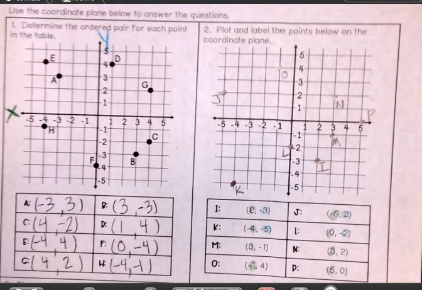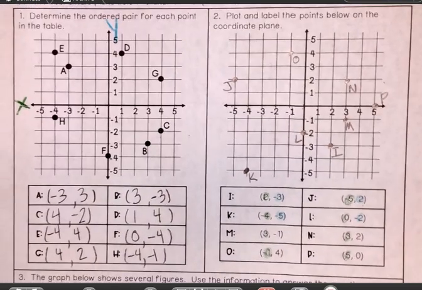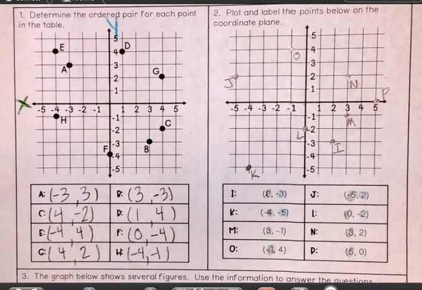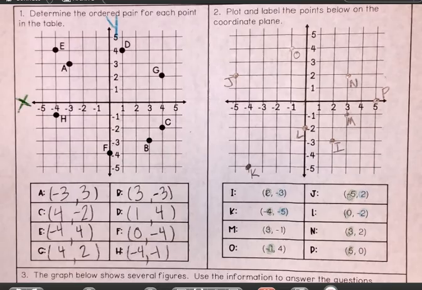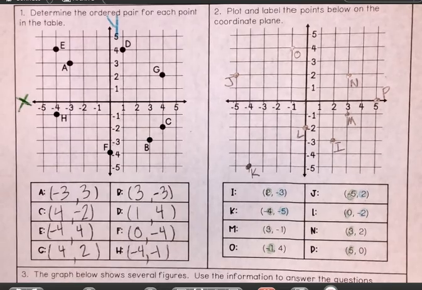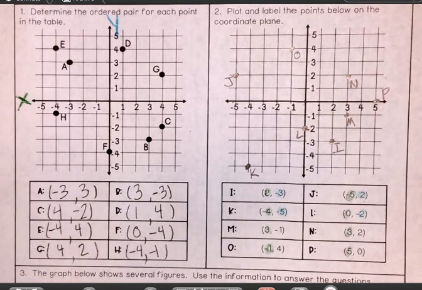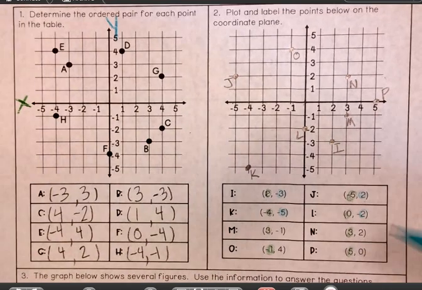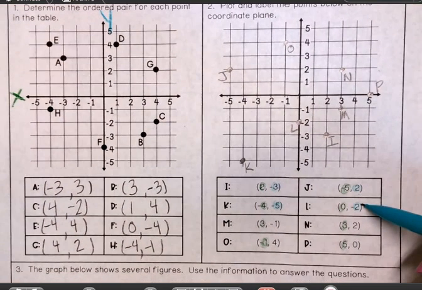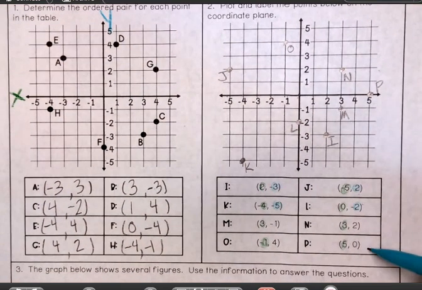All right. Check yours compared to mine. There's 2 I want to draw your attention to: L and P. If you're not following the steps of find X first, then Y, you're going to plot it wrong.